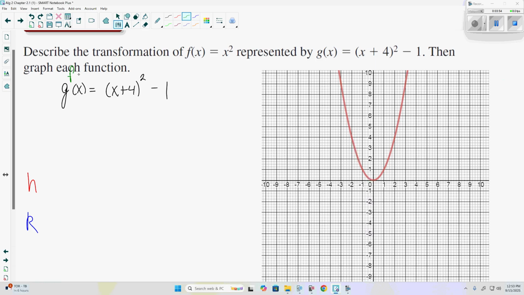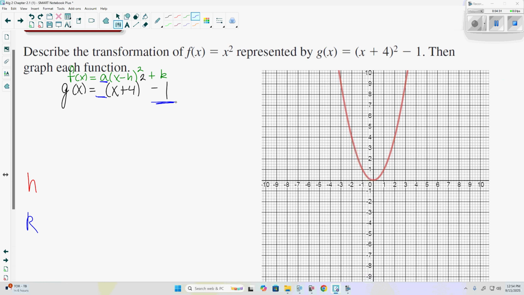Now the general form for this here, f of x is equal to a times, really we do have a value of b. b, I will put it in especially once we get to it, is our reflection across the y-axis and our horizontal stretch or shrink. Now looking at this here, do we have a value in place of a? There's no number in front of the parentheses. There's not even a sign in front of the parentheses, so we don't have a vertical stretch or shrink or reflection in the x-axis.